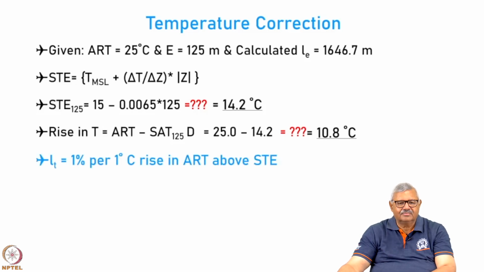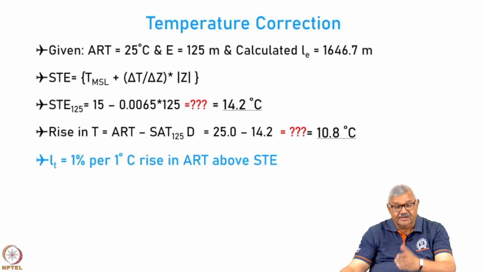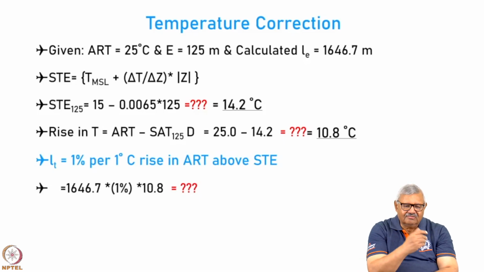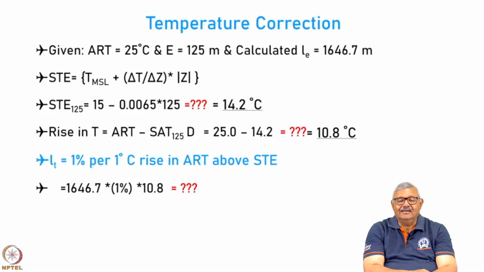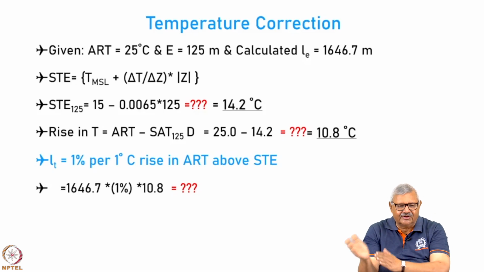Now, we know that we have to increase the runway length by 1% for every 1 degree rise in ART above ST, and here it is 10.8 degrees. So, therefore, we need to increase the runway length by the base value, not 1600 by the way, the LE value should be used, because we are doing the correction sequentially, first for elevation, then for temperature, then for gradient.